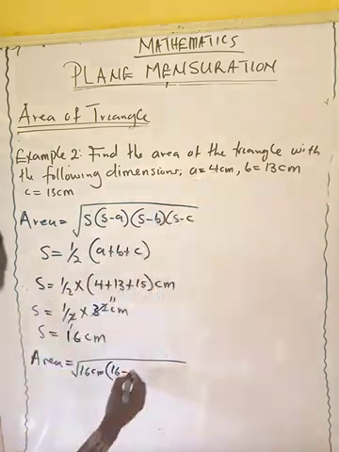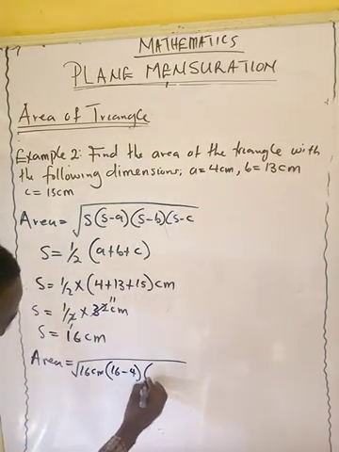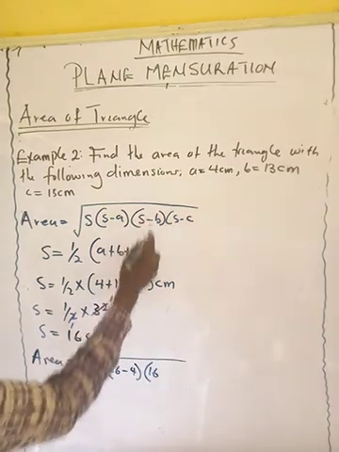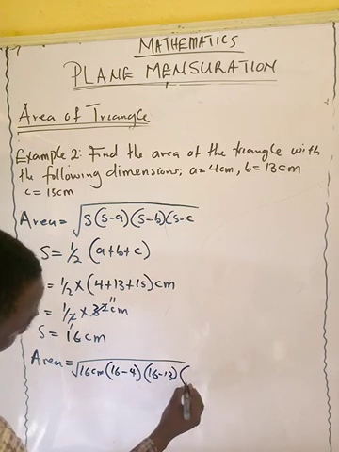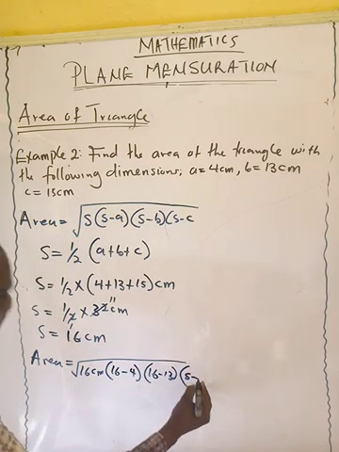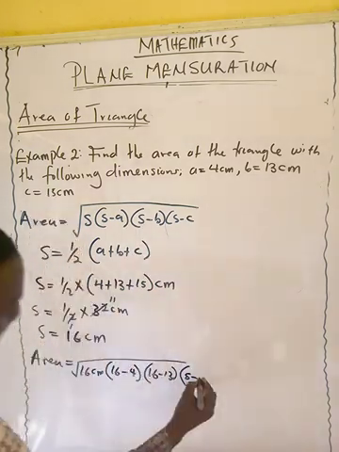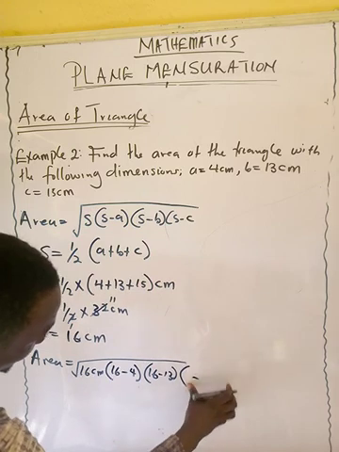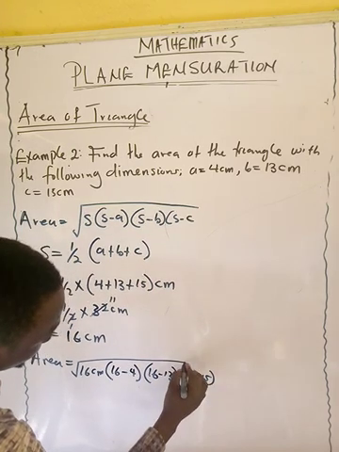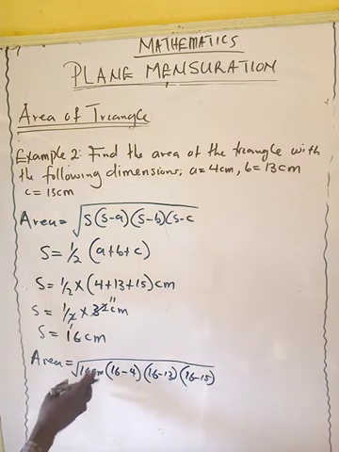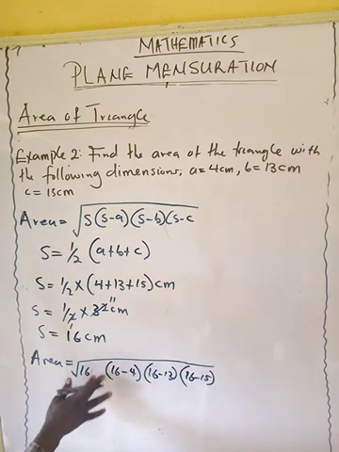Our a is 4. Open bracket 16, our x is 16 minus b. Our b is 13. Then x minus c. Our c is what? 15. Sorry, our x is 16 minus 15. So from here, let me just clear this one, we'll put it later.